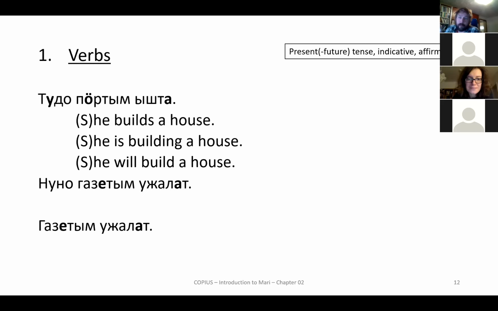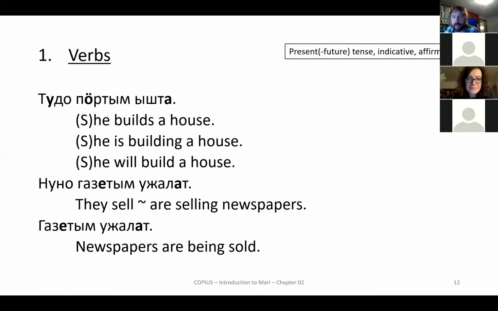Here's another thing. This is a fairly recent Russian influence, probably. If we say Nuno gazetam užalat, it means they sell or are selling newspapers or will sell newspapers, depending on context. If I leave away the Nuno, the pronoun they, then gazetam užalat usually is more understood as newspapers are being sold, that it is an impersonal construction.